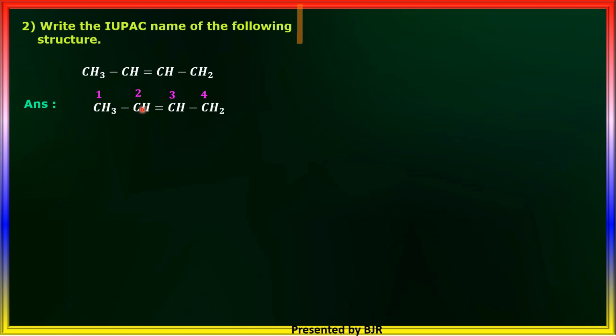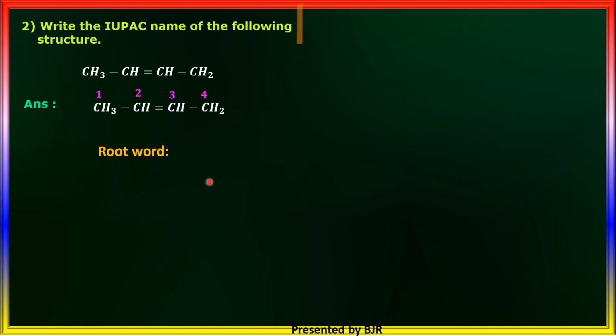The second carbon is carrying the double bond if the numbering is done from left to right. Suppose the numbering is done from right to left, same 1, 2, 3, 4. Again, the second carbon contains the double bond. So in this case, you can give numbering on either side.